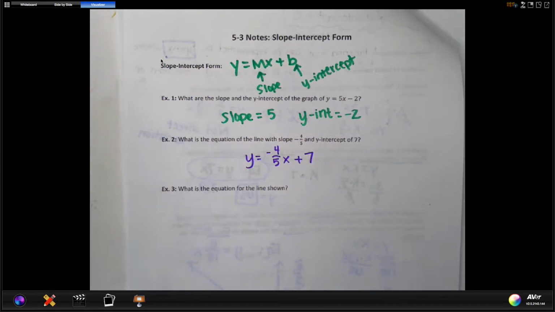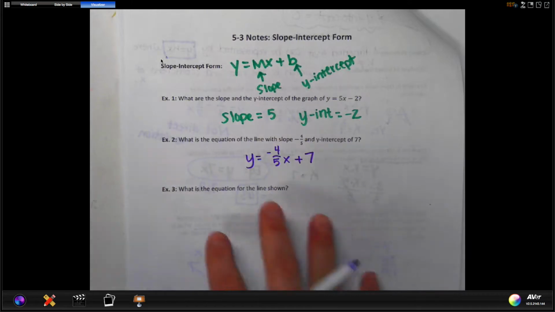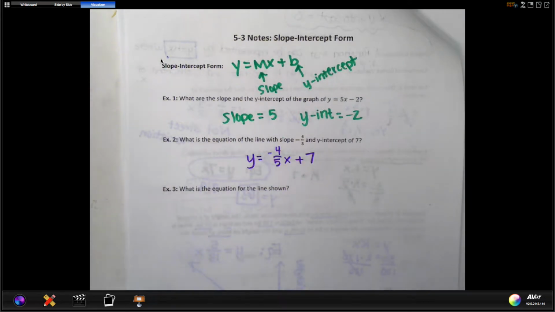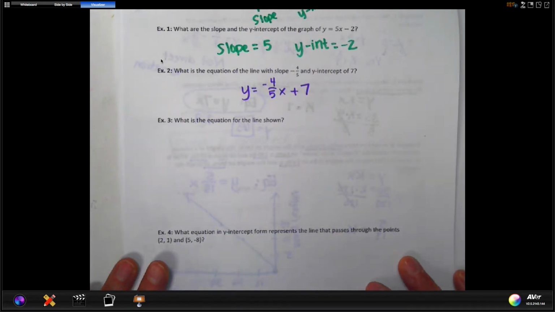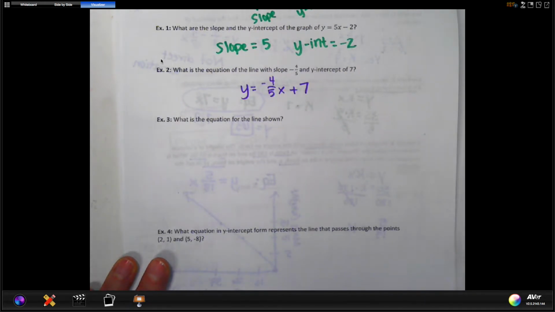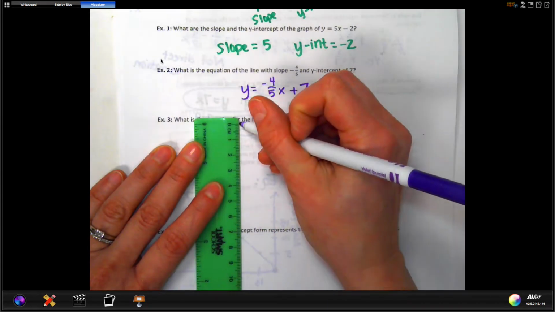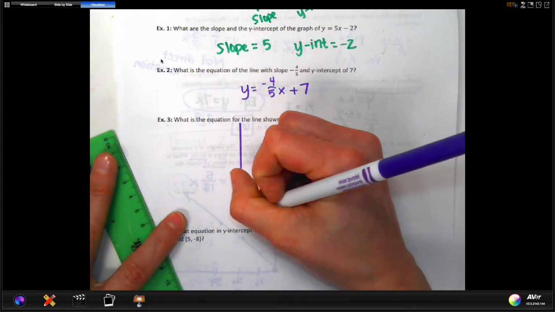Okay. What is the equation for the line shown? Because I could not drag and drop this, I'm going to have you make a line for me real quick, okay? Do the best you can, maybe with the edge of your paper or whatever. You're going to want to draw a coordinate axis, all right?